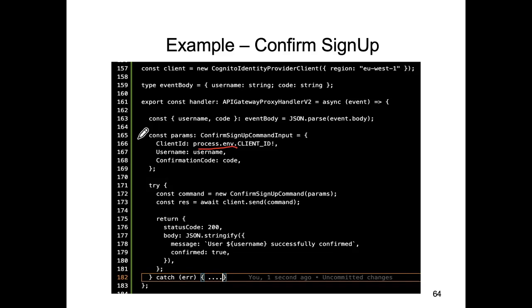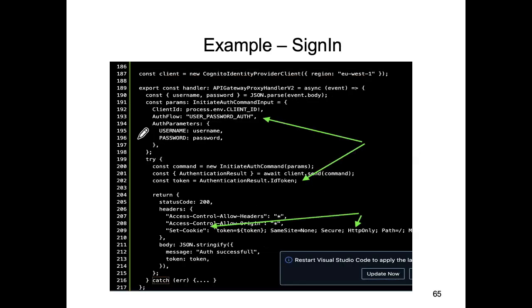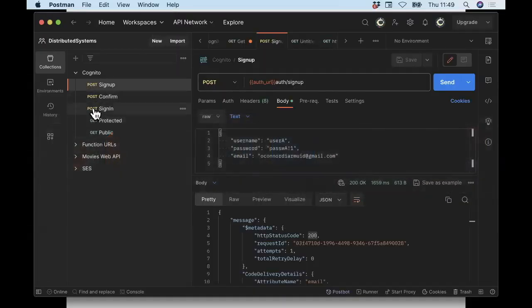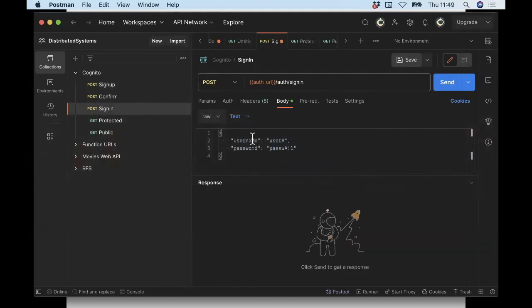Now they can actually log in or sign in. And I'm showing you the Lambda for a sign in this case. Let's just do a sign in. Again, I'm sending this request to the auth API, if you like, as opposed to the application API.